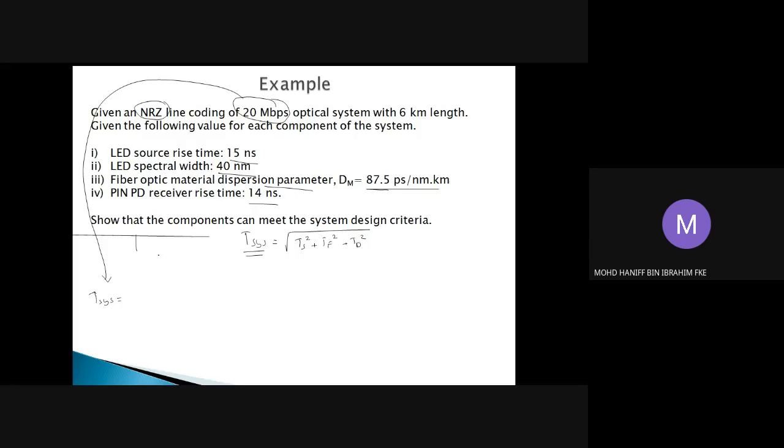We have learned previously that when using the NRZ line encoding, the system rise time is calculated based on 0.7 divided by the BT, the bit rate. Since the bit rate we propose in this case is 20 megabit per second, the total rise time should be 0.7 divided by 20 times 10 power of 6.